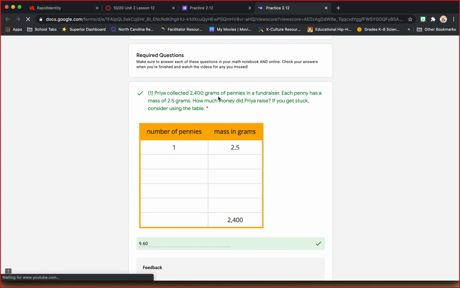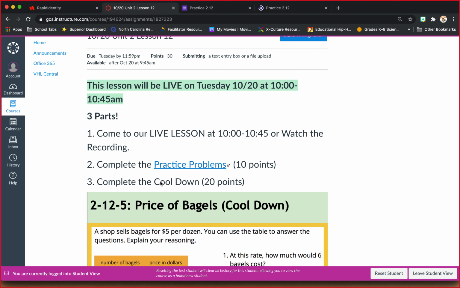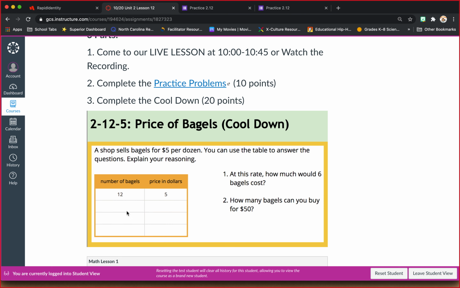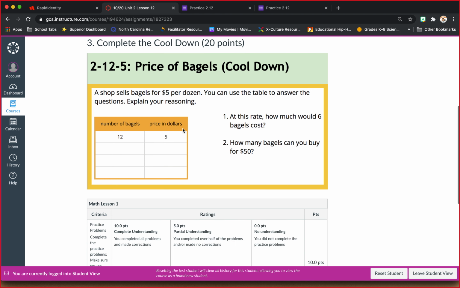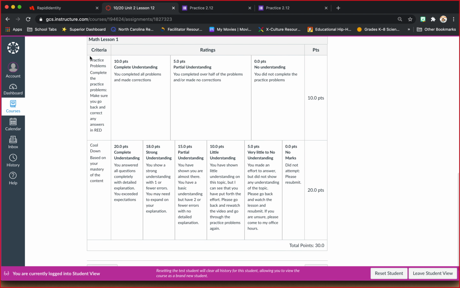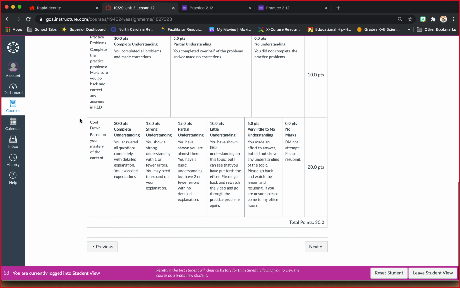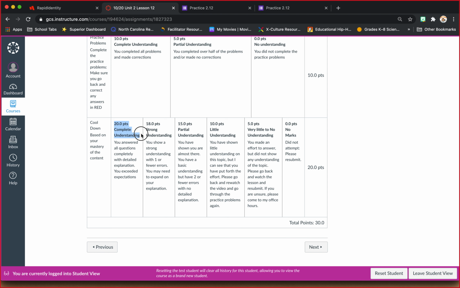Once you do all this, when you come back in here and do your cooldown, which we just talked about, this is really where most of your points are coming from. Again, we have a rubric. For your practice problems, if you completed all problems and made your corrections, you get all 10 points. The cooldown is based on your understanding. If you're showing me you have a complete understanding, you get 20 points.